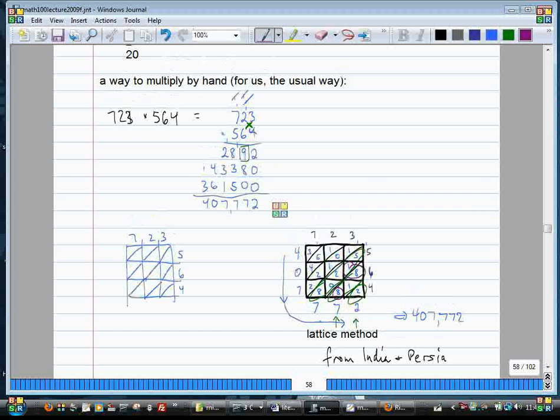So in the traditional algorithm, how do we keep track of putting something in the right place value? We either put 1 zero or we put 2 zeros, and that puts it in the right place value. How do we do it in the lattice? Well, the lattice does it for us, by putting it in the right diagonal. Any questions? Yeah.